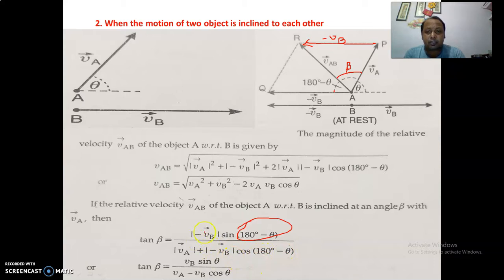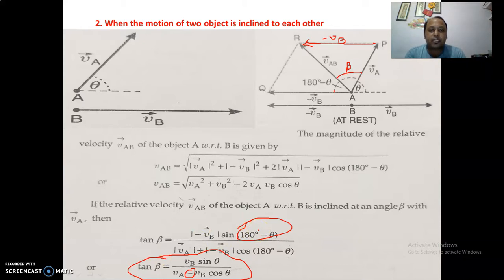Again the same values, modulus, the negative sign doesn't have any value, so it is VA here, and minus VB is also VB, but cos 180 minus theta is minus cos theta. So that's why the negative sign is coming here, and sine 180 minus theta is sine theta only without any negative sign. So this is the value through which we get the direction of the resultant velocity.